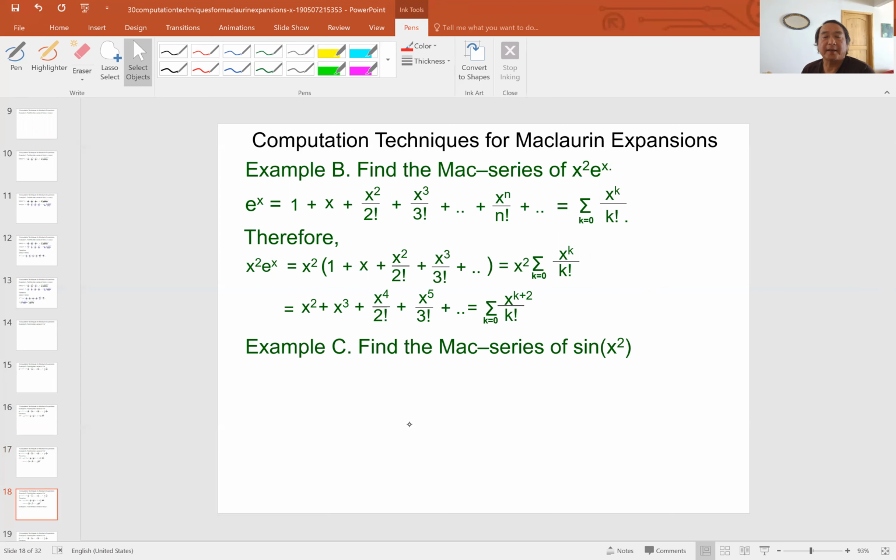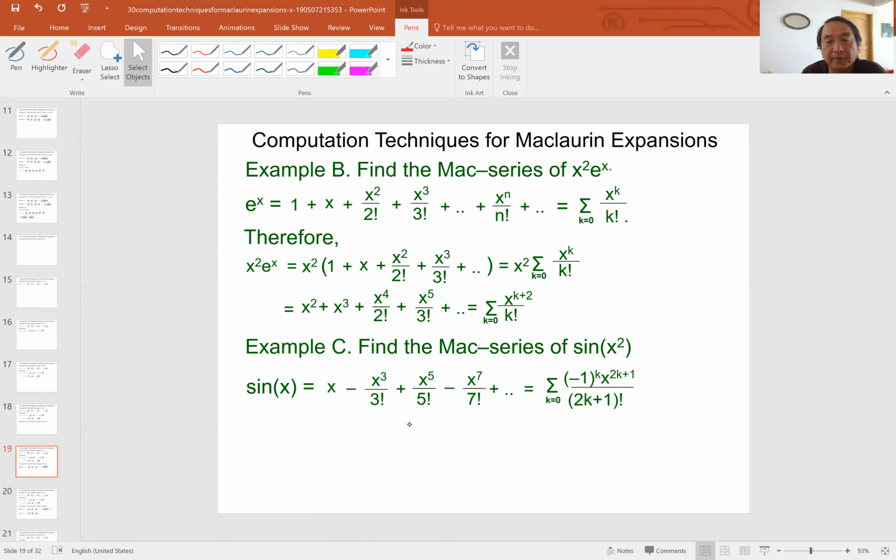Here, sine of x squared. Maclaurin expansions respect compositions. This is the expansion formula for sine of x. The way to view this is that the expansion of sine of u has u here, u here, u here, and u can be any formula in x, like in the chain rule.